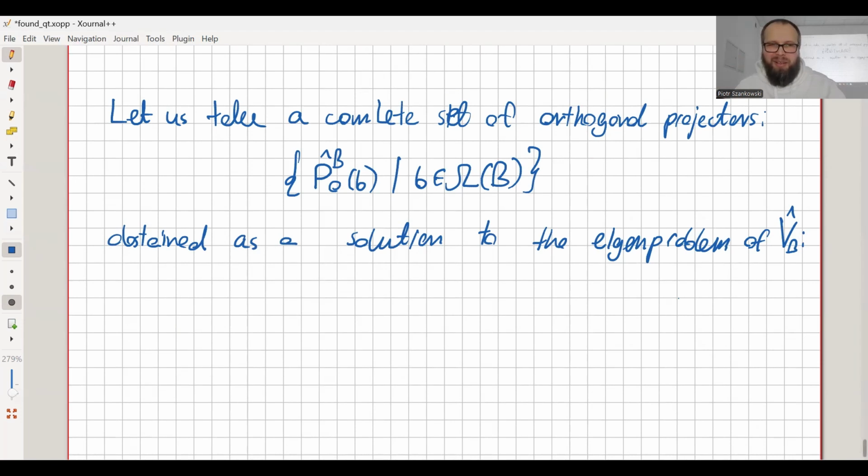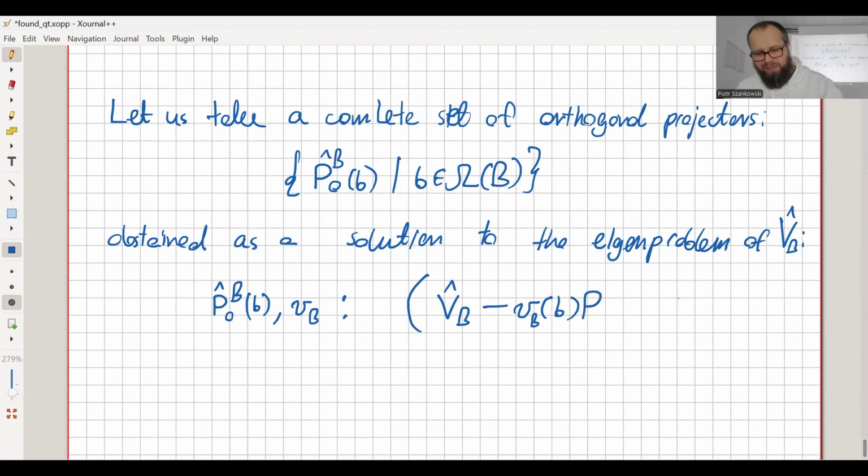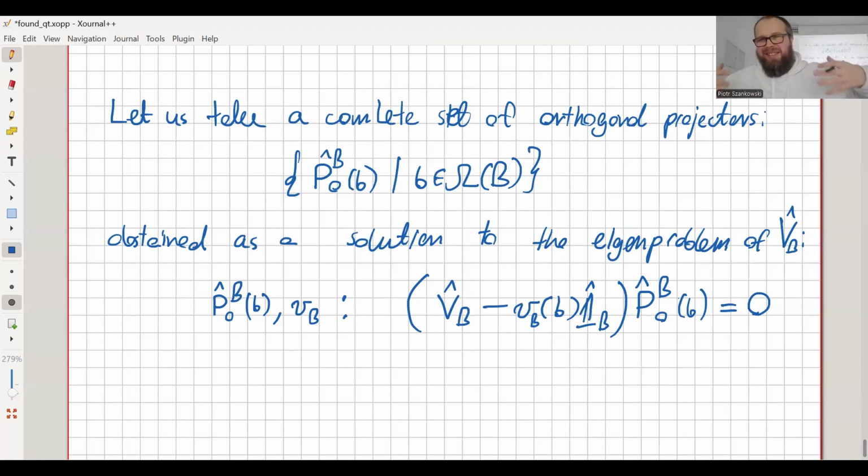By eigenproblem, I mean that you find operators V_B and the function such that V_B minus v_b times the projector equals zero.